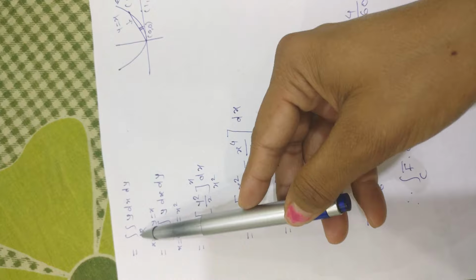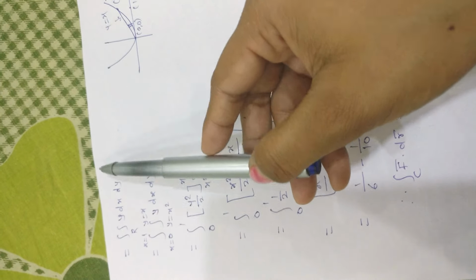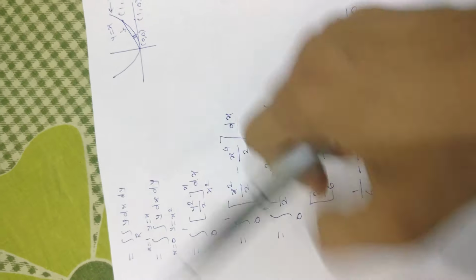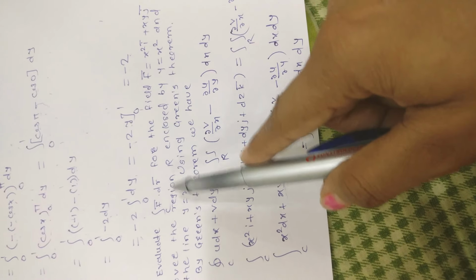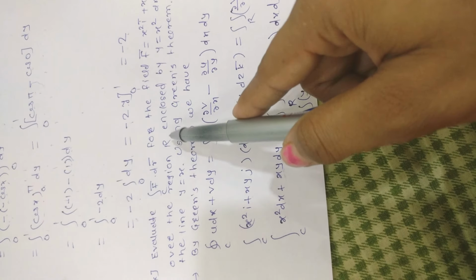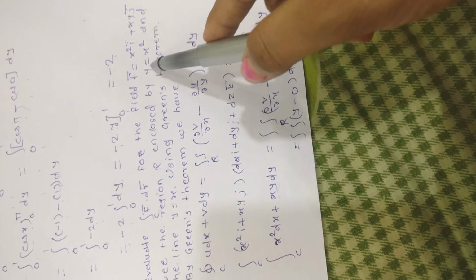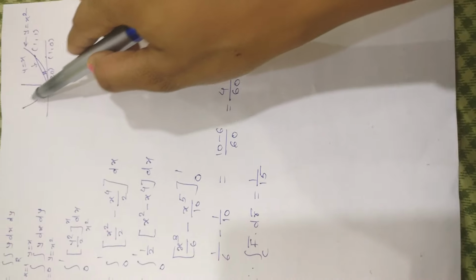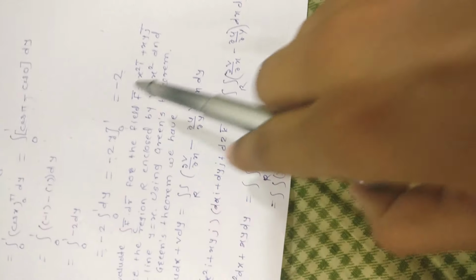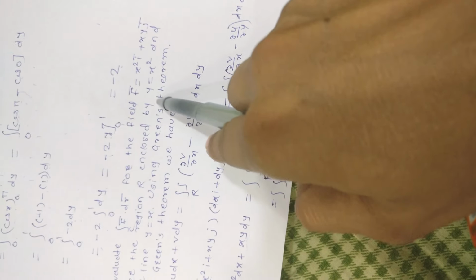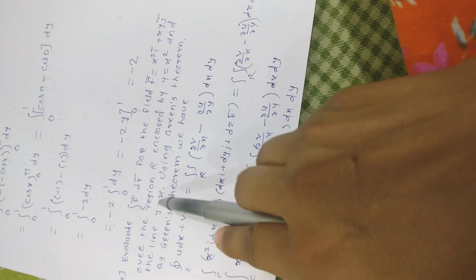So that is equal to the double integration of y dx dy. Now we have to put in the limits. If we read the question carefully, the region R is enclosed by y equal to x² and the line y equal to x.